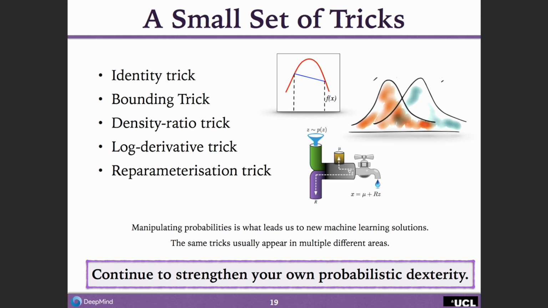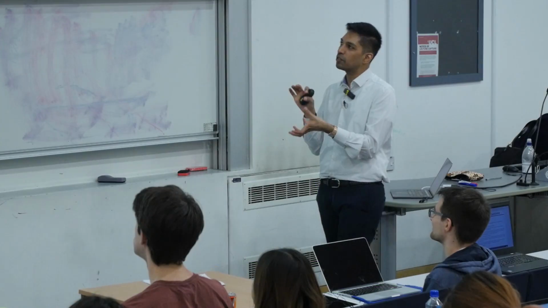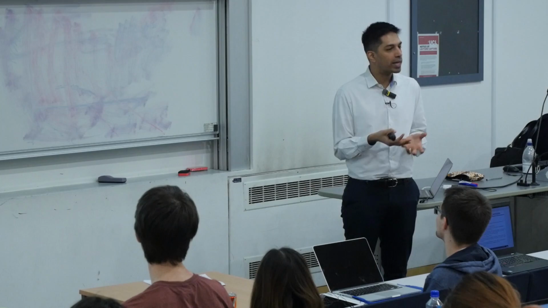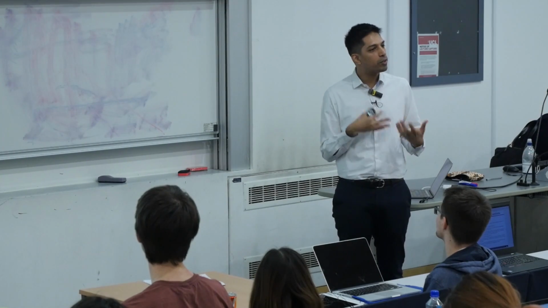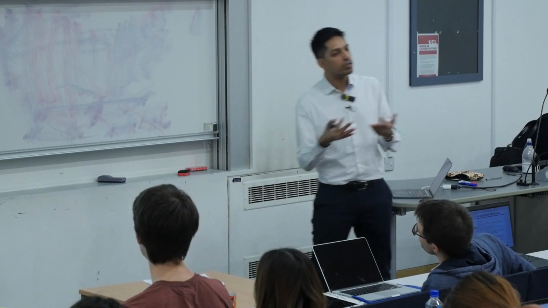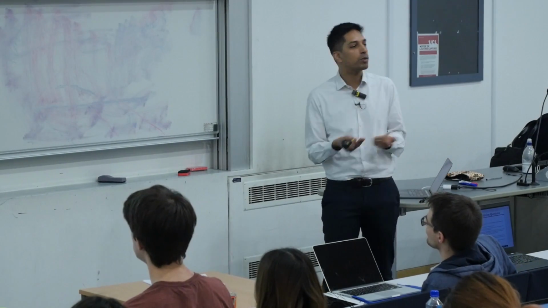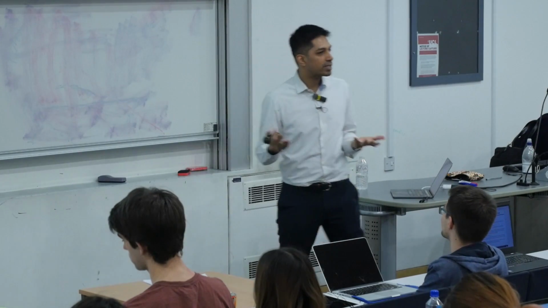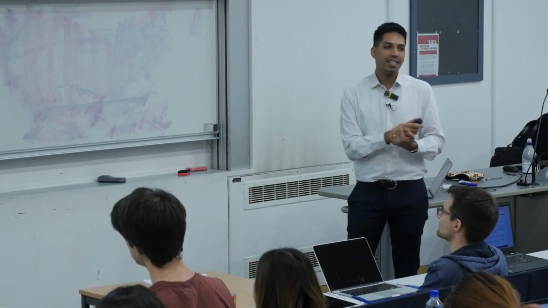So basically the point of this half was just to leave with you the message to sharpen your probabilistic tools, to always search for those tricks that mean you can manipulate probabilities in the right way. As these tricks show, if you manipulate them, you can actually do very interesting things that transform what were difficult problems that you could only solve in 1D to things that you can work on at ImageNet scale of data. Okay, so that's the end of the first half.